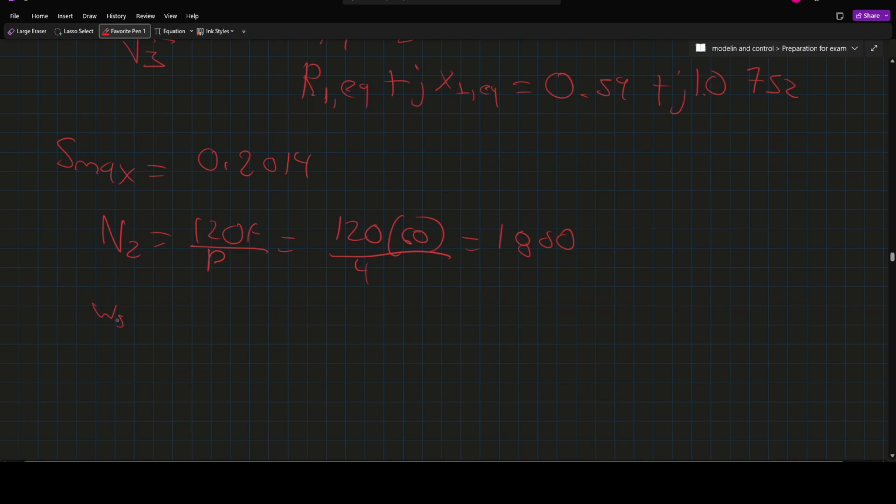If we turn this into radians per second by multiplying by 2 pi over 60, we get 60 pi.